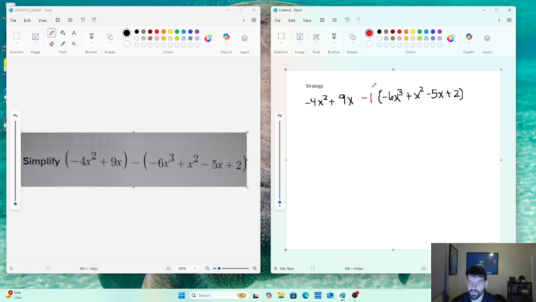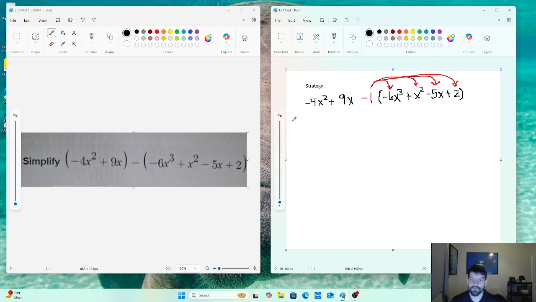To simplify the expression, we're going to distribute a -1 into the second expression in parentheses. Now, essentially what happens with that is that all of these four terms are going to undergo a sign change. So anything that is currently negative is going to become positive, and vice versa.